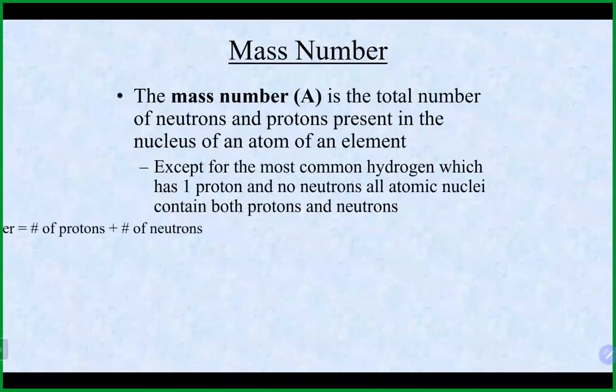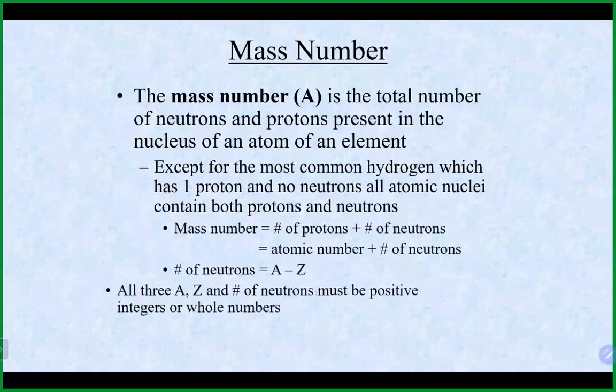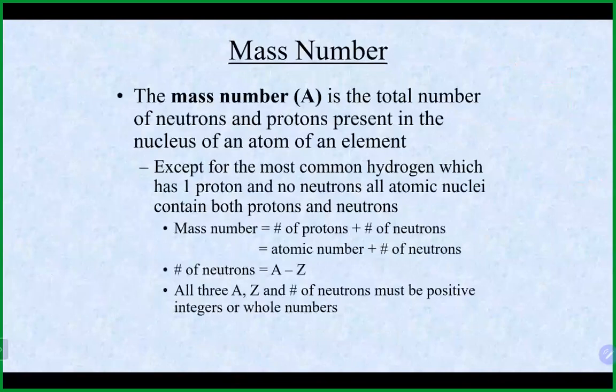Another important number is the mass number. The mass number is the number of protons and neutrons there are in an atom. That's really important when we deal with the mass number and the atomic number together.